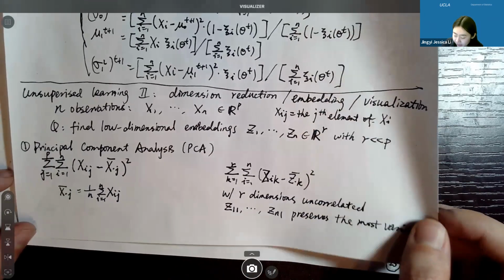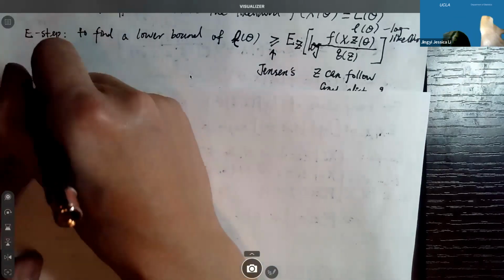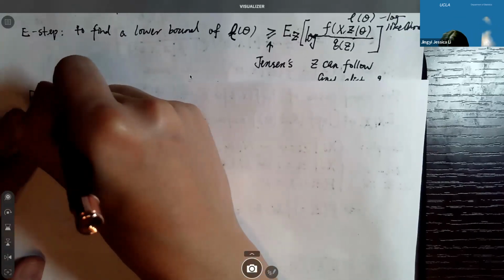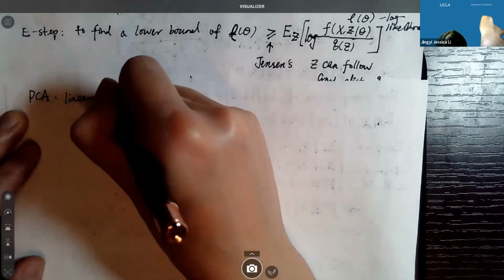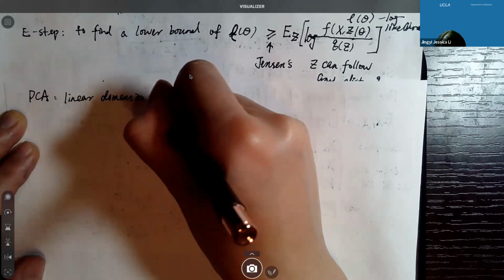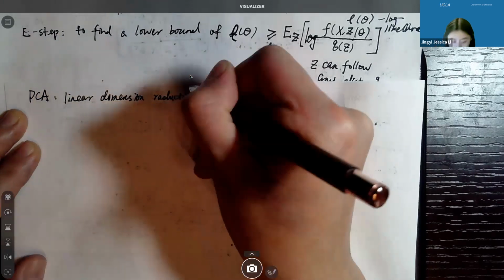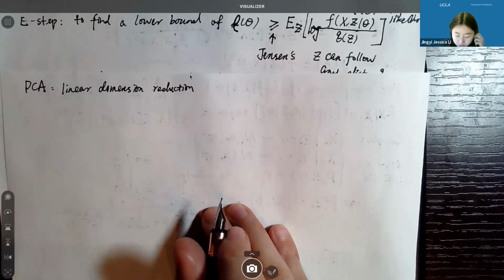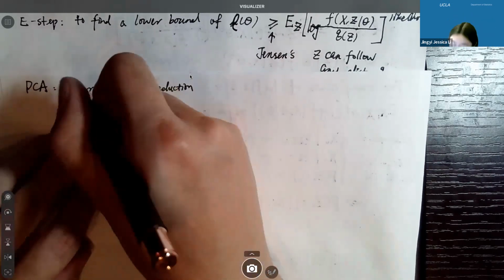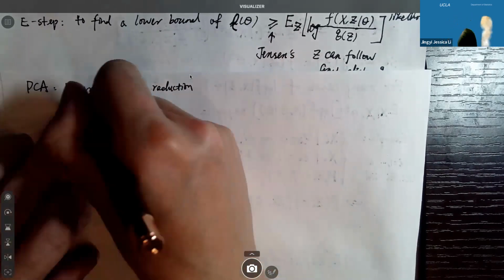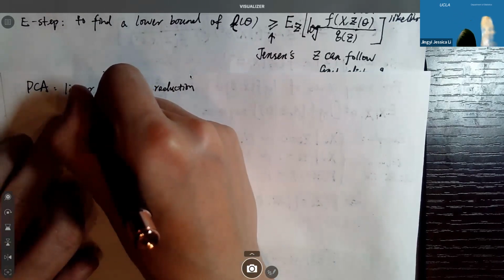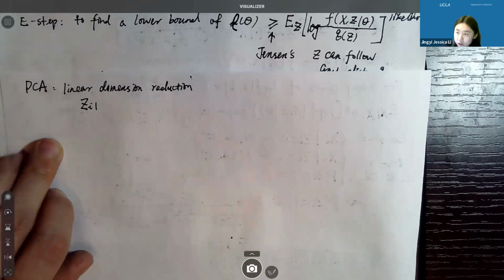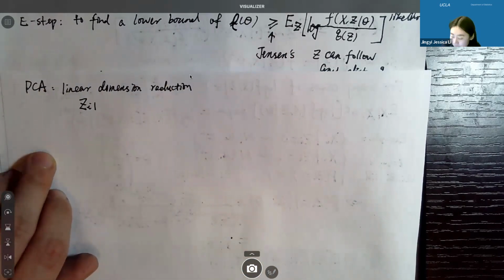Okay, so PCA assumes PCA is a linear dimension reduction. So in other words, what we would have is this. For each observation, let's say Zi1, in its first dimension, we want it to be a linear combination of the original P dimensions of Xi.